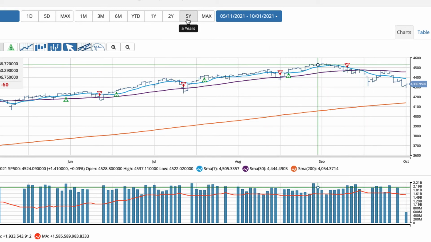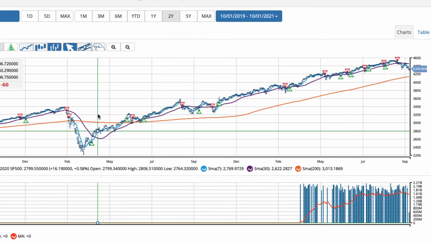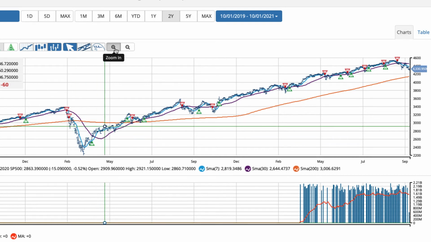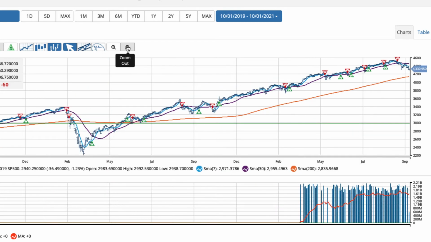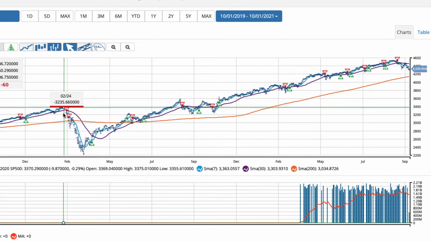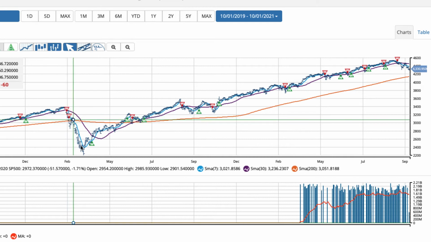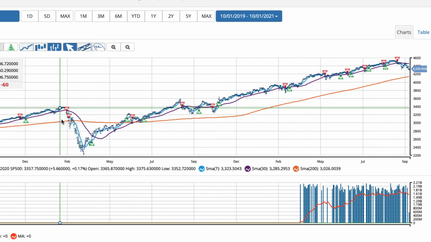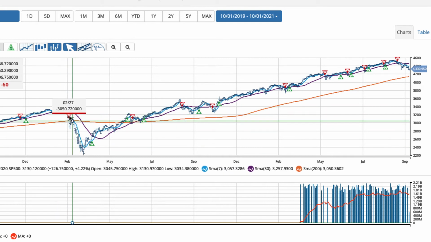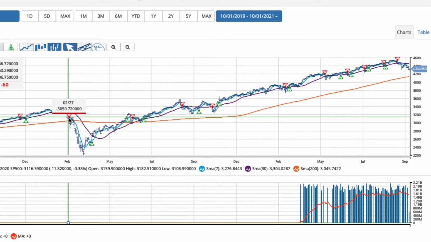As a matter of fact, if we go back to the bear market, you can see that again here. See how the weekly alerted you? And then we got a monthly way before the market even started its really bad trend down. This is probably at about a 10% correction, that monthly.